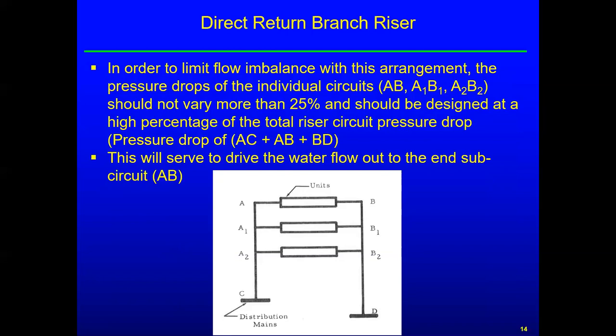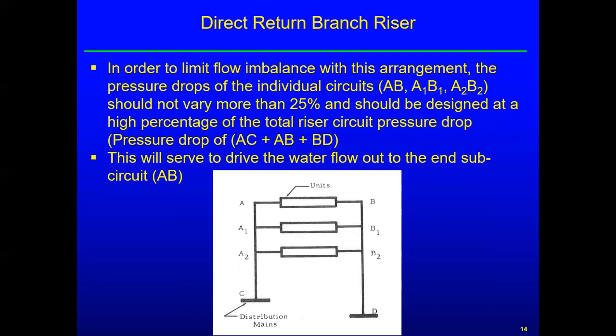So that's the total. That's the longest total run. So that would be the largest of the circuit pressure drops. What that means is that the pressure drop from C to A on the supply side and from B to D on the return side is minimal.